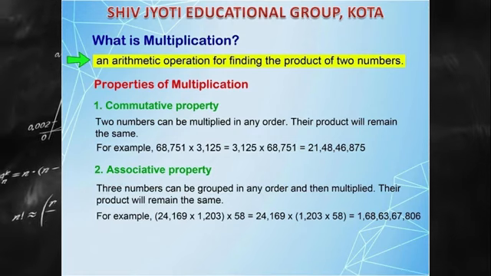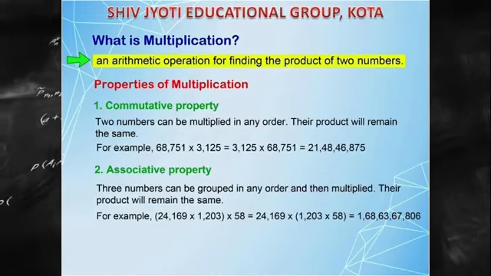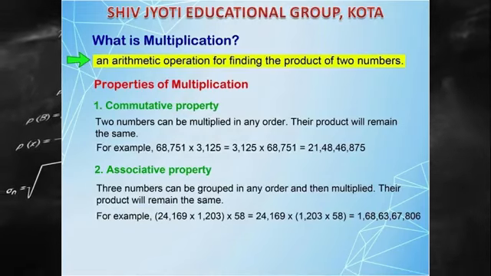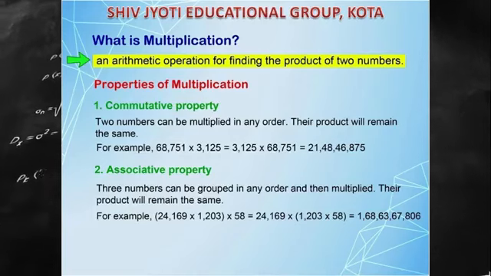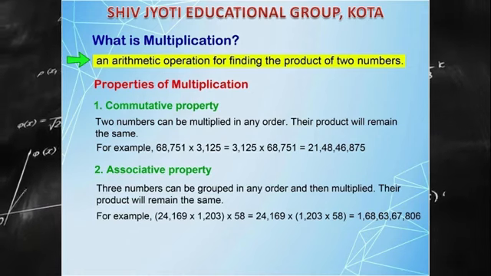The commutative property of multiplication tells us that it doesn't matter in what order you multiply numbers. Two numbers can be multiplied in any order, their product will remain the same.